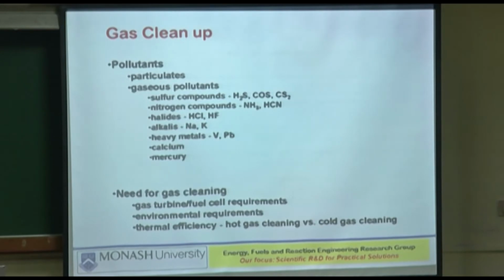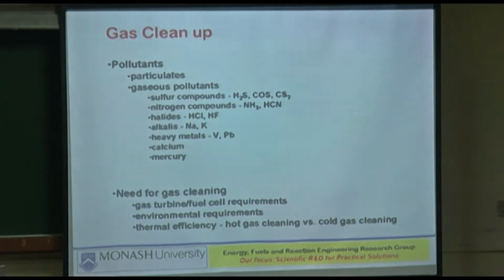In order to clean up the gas, meet the requirements of the equipment or meet the requirements of the statutory bodies, the efficiency will drop, therefore the cost will increase. The efficiency will drop depending on whether you are looking at hot gas cleanup or cold gas cleanup or somewhere in between.